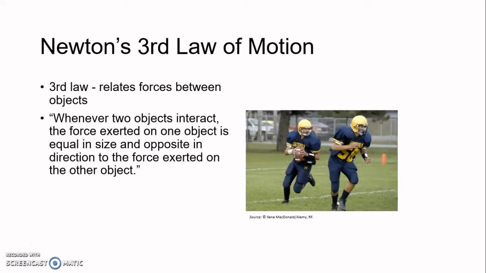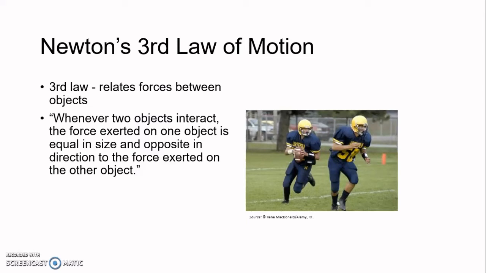Perhaps you've heard it more commonly as, to every action, there's an equal and opposite reaction. Basically, that means when object A exerts a force on object B, then object B is going to exert an equal but opposite force on object A, meaning same magnitude, same strength, but opposite direction.